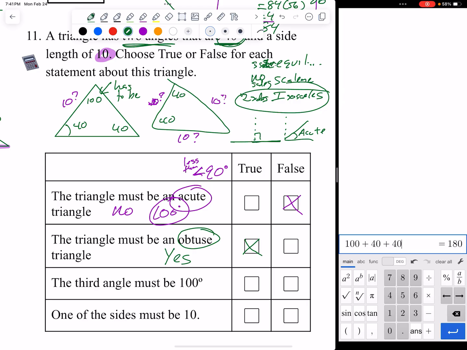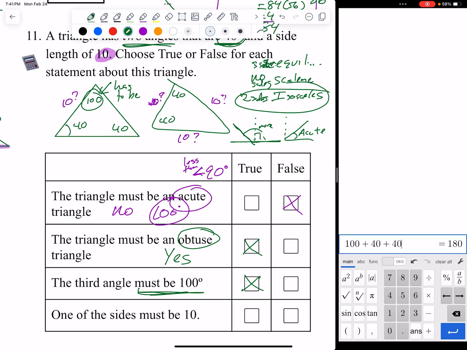An obtuse angle is going to be more than 90 degrees. So what's more than 90 degrees? 100. The third angle must be 100. Yes, we figured that out, right? By using the 180.